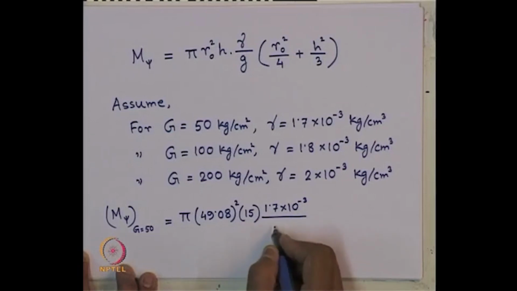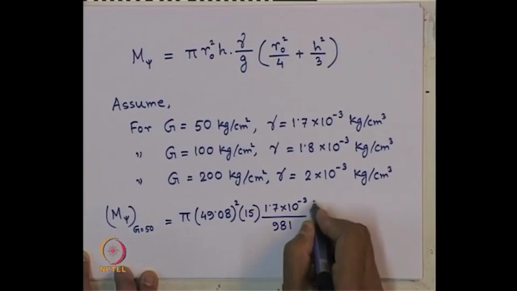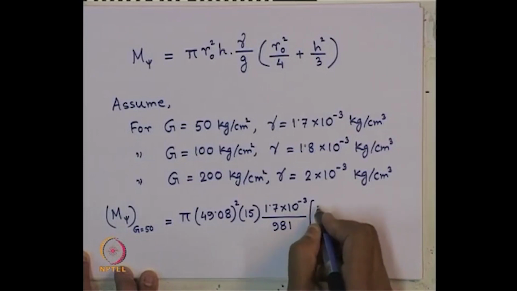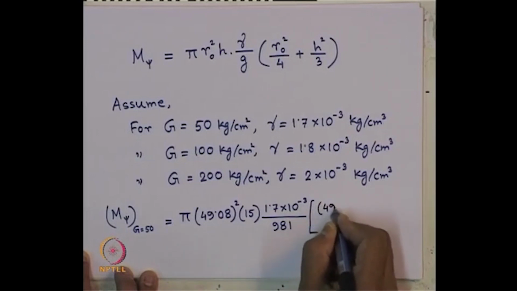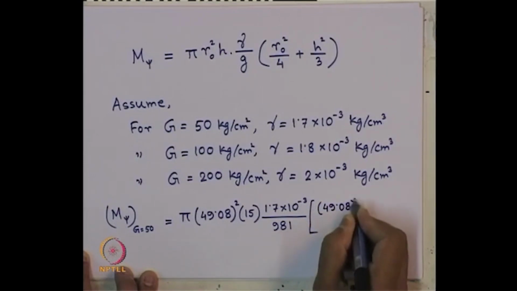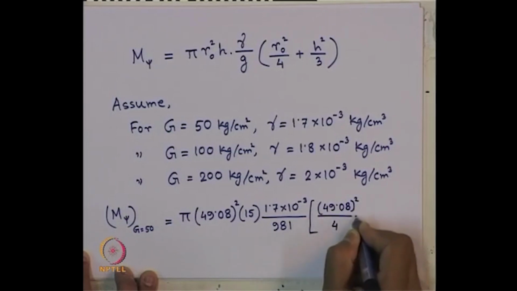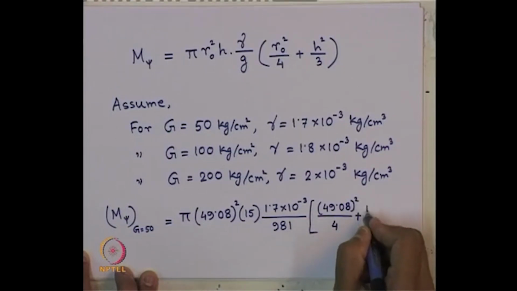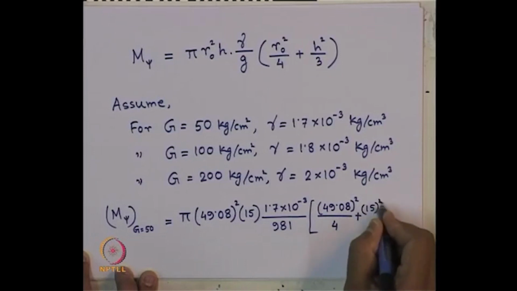We have to divide it by g in centimeter per second square unit, which is 981, times r naught 49.08 whole square by 4 plus h which is 15 square by 3.